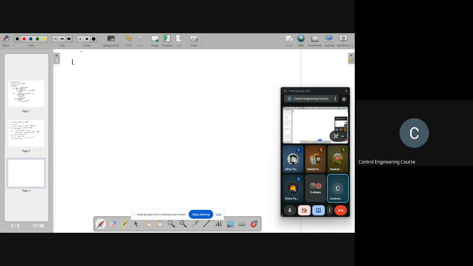First one is generate the Routh array, and the second one is interpret, or find the sign changes in the first column of the Routh array.